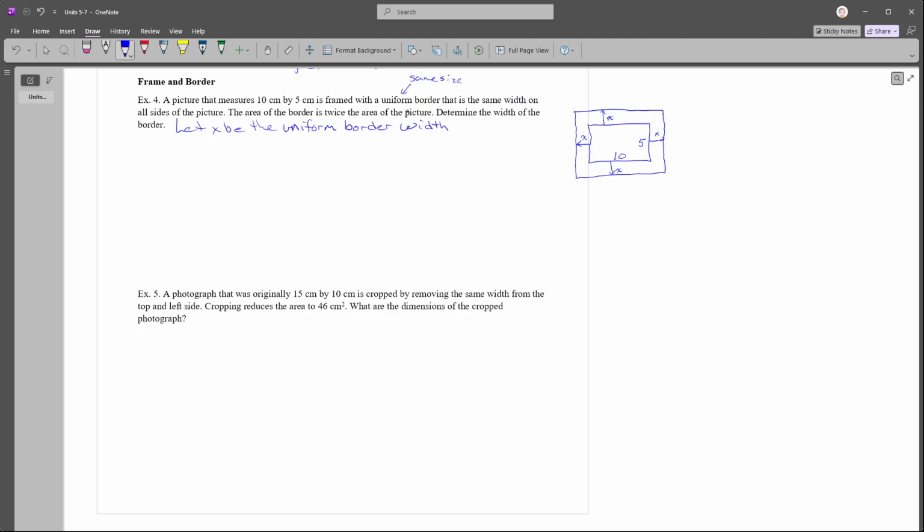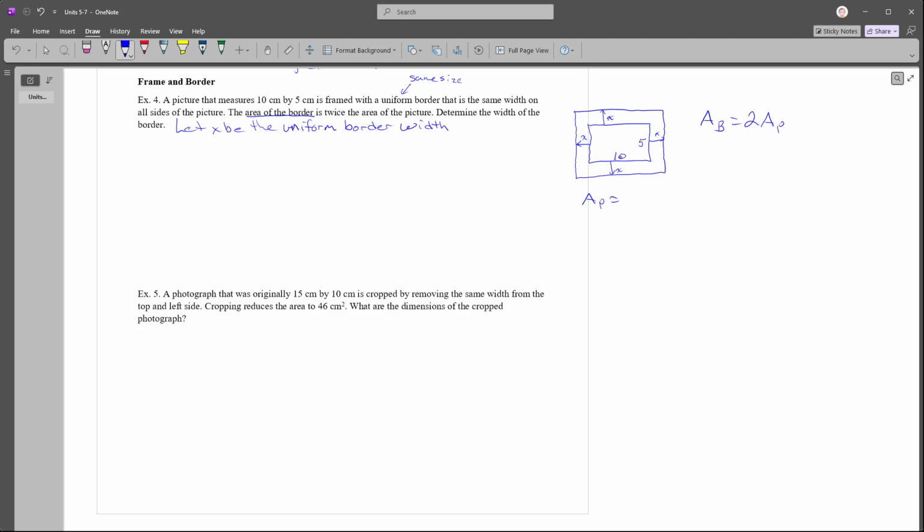Okay. What other information does it tell us? The area of the border itself, so just the area of the border, is twice the area of the picture. The picture itself, which is just inside of here. So this is equal to 2 times the area of the picture.